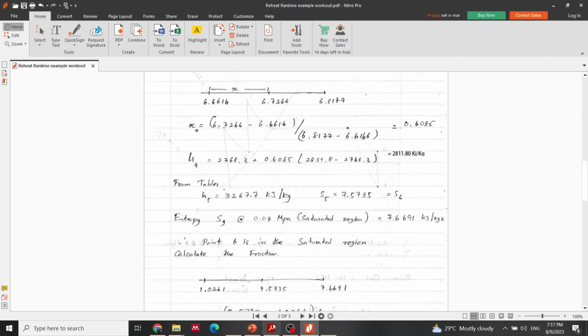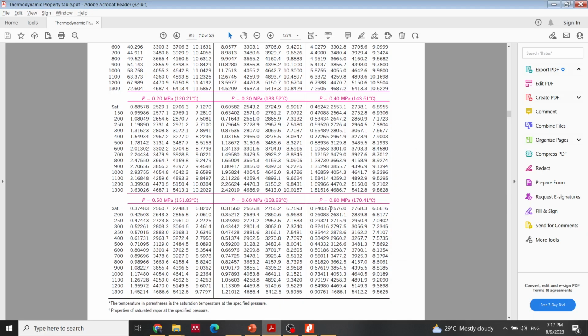So if we go back to the superheated table, the pressure is 0.8 and the temperature is 400. After going to the boiler, the steam is heated up, therefore the temperature is 400. This is the enthalpy value we are interested in, and the entropy is 7.5735. The enthalpy is 3267.7.